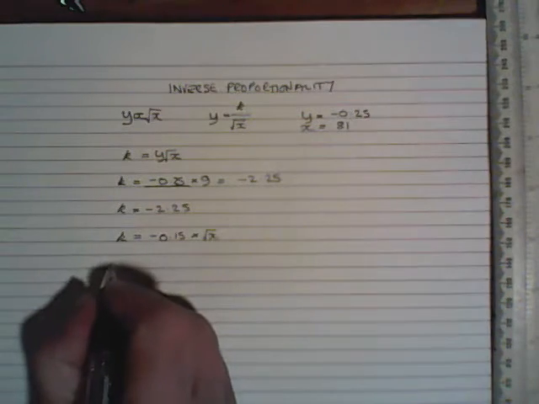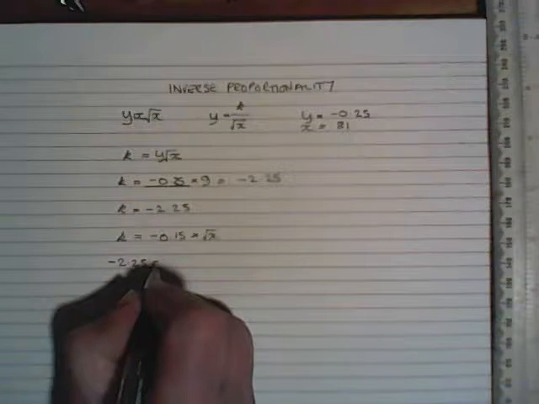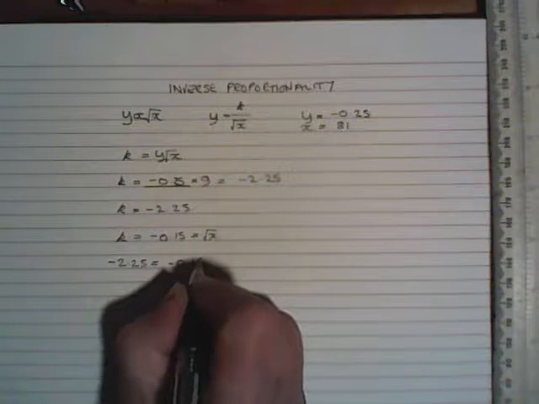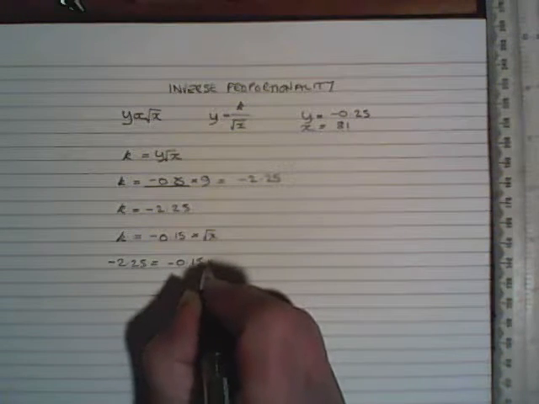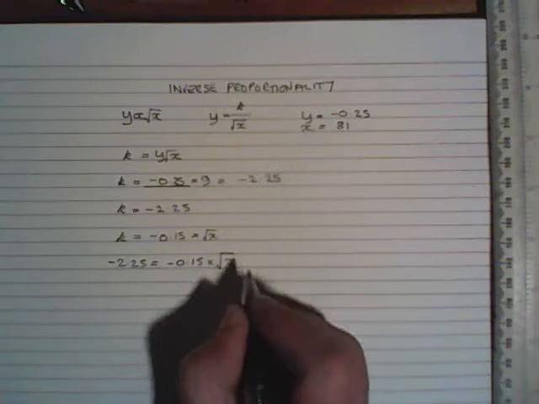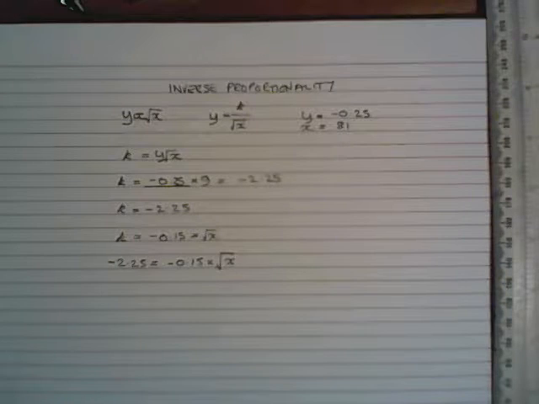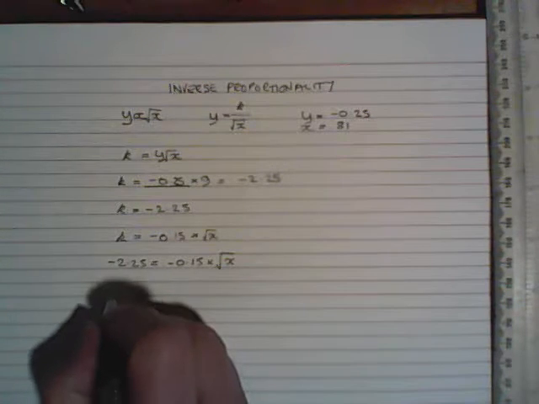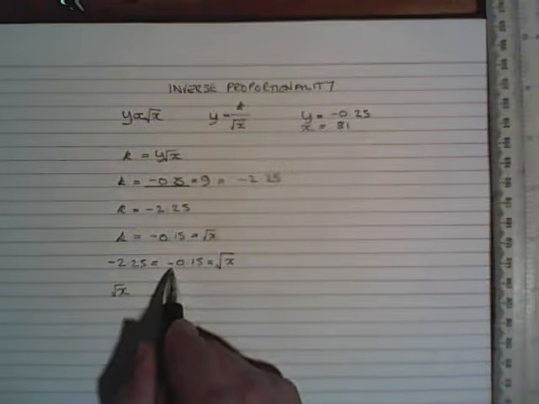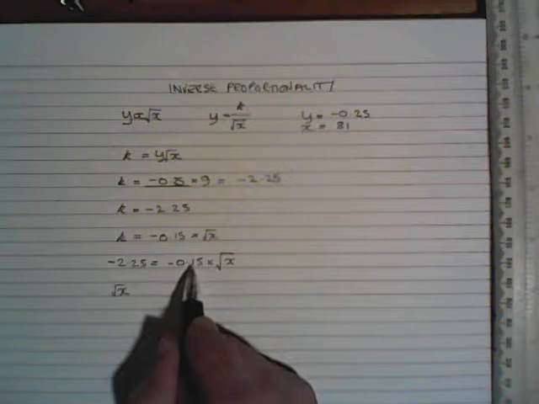Well, k is minus 2.25, and that equals minus 0.15, as we said before, times, we don't normally put the times sign in, but I'm just putting it there for demonstration purposes, times the square root of x. Now we need to rearrange for the square root of x. What we need to do is divide by this value here.